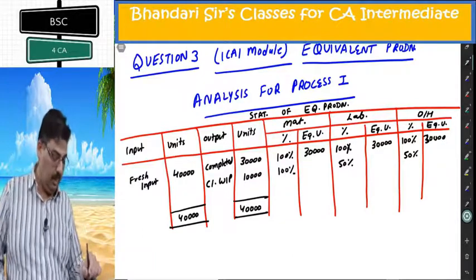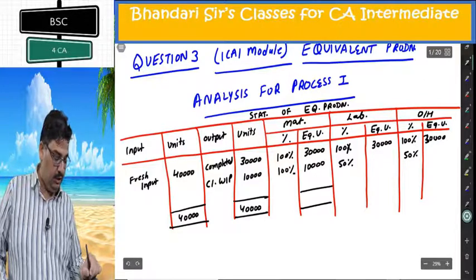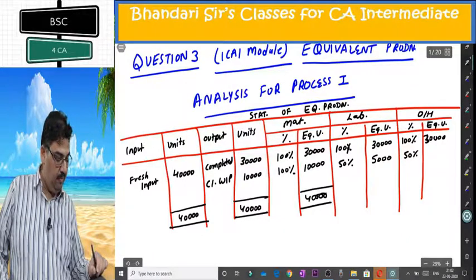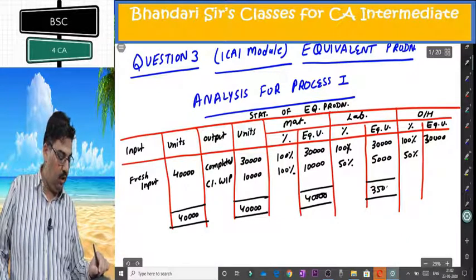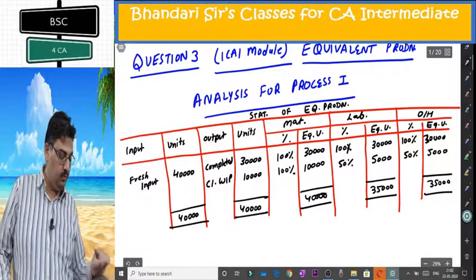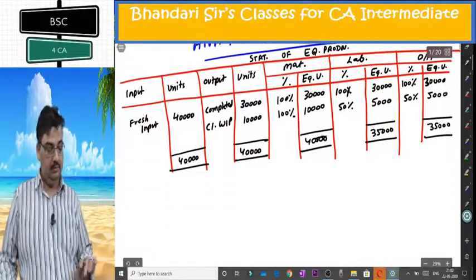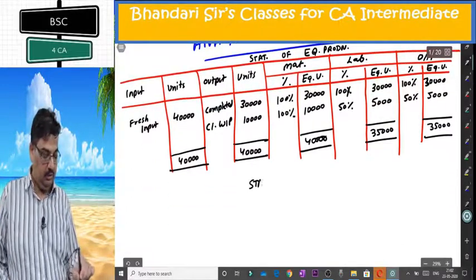But the question has given that. 10,000 makes total 40,000 for material. This is 5,000, makes total 35,000 for labor. 5,000 makes 35,000 for overheads. Can't get an easier statement of equivalent production than this. Statement of cost.